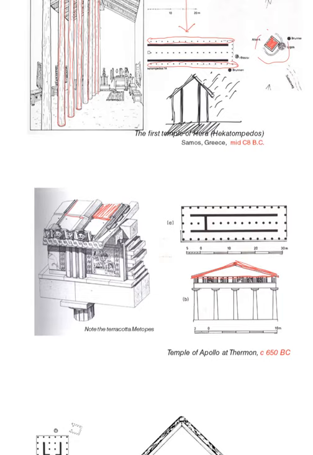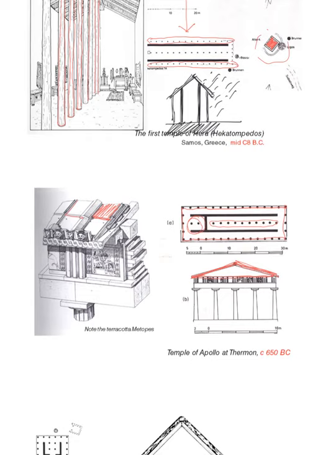On the plan here, we still see that awkward existence of the colonnade in the center. We now see the opistodomos, sort of an early example of that, introduced. And we see how we have now a complete peripteral series of columns that wrap around the cella.